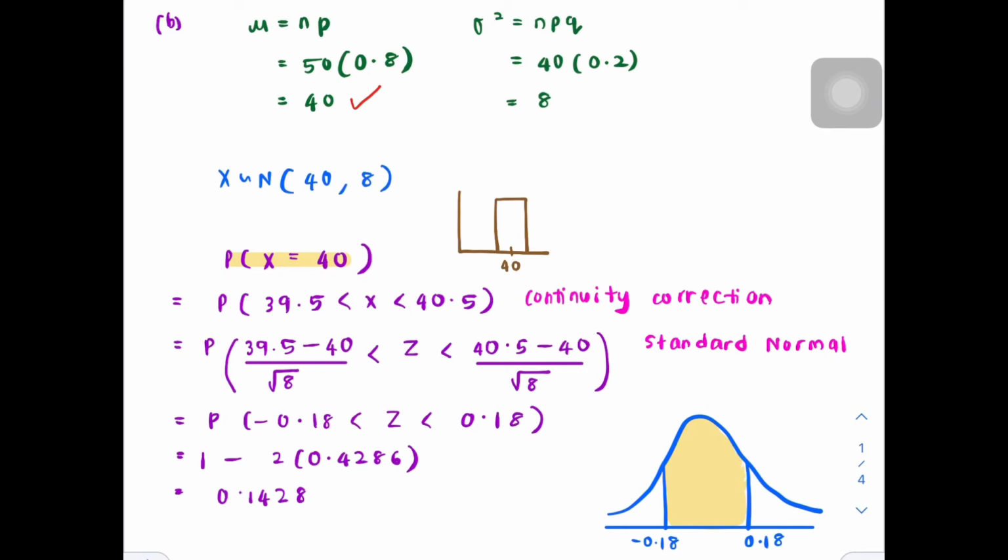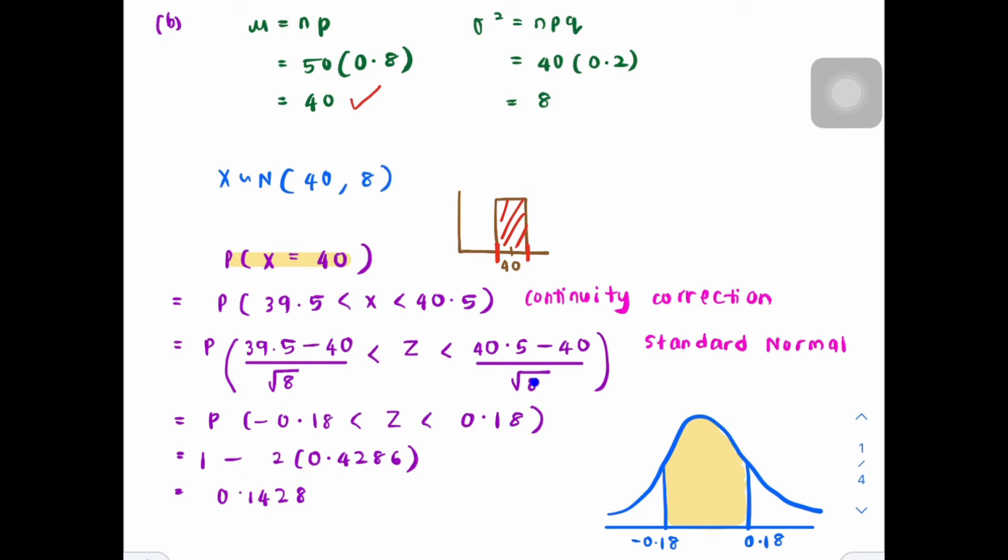So whenever you want to use normal approximation, which is continuous data, you have to apply continuity correction. So bar 40 is actually starting from this value up until this value, which is from 39.5 up until 40.5. So this is the compulsory step for continuity correction.